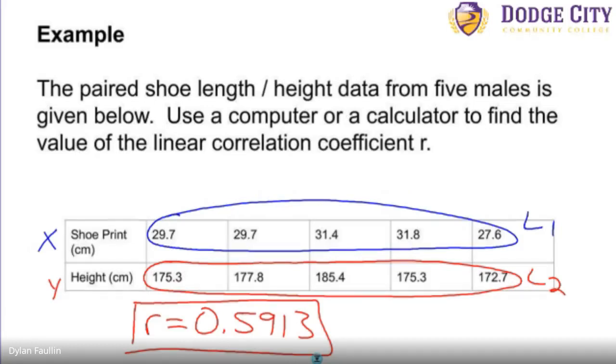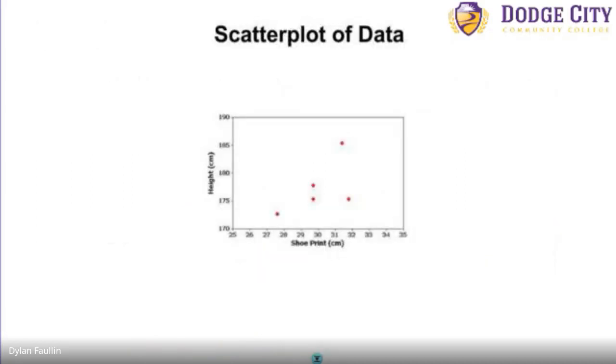All right, so any questions on how to get the value of R? All right, so here's a scatter plot of the data. Again, there's only 5 data points, so it's hard to get a sense of the actual trend for these 2 variables.